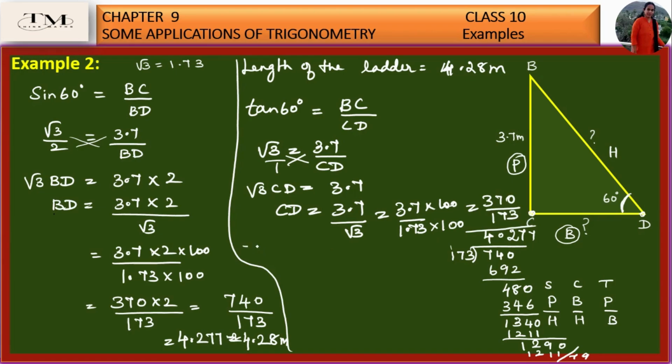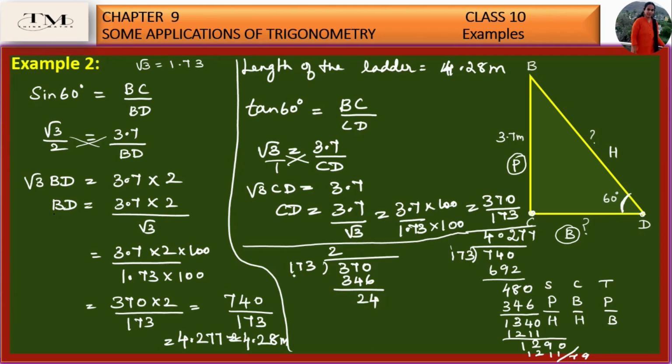So if we divide 370 by 173, the divisor is 173 and the dividend is 370. So 370, it is 2 times. 2 into 173 is 346. If we subtract 370 minus 346, we will get 24.